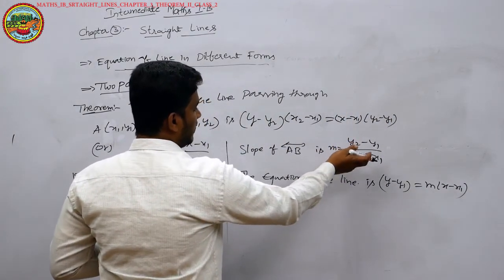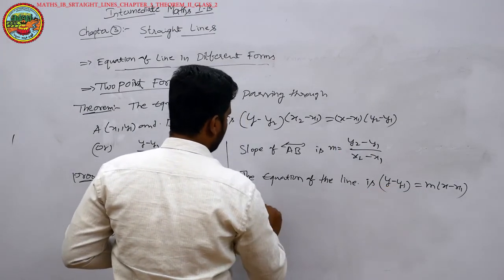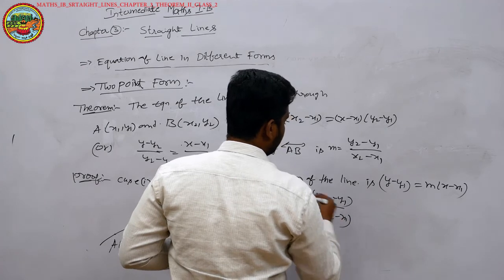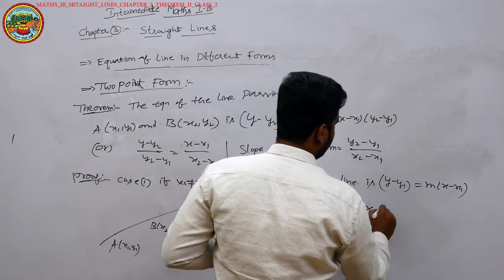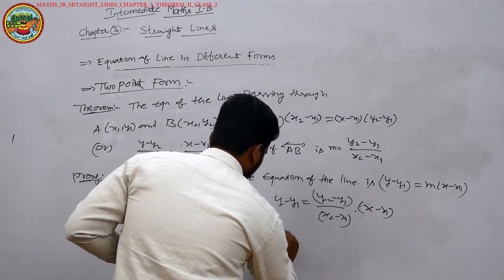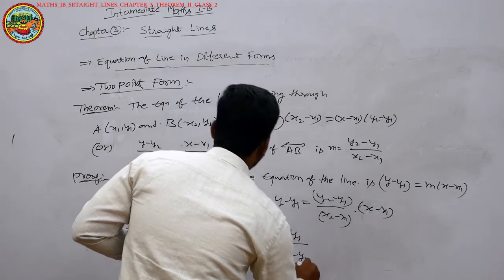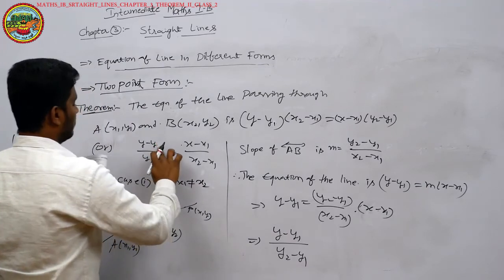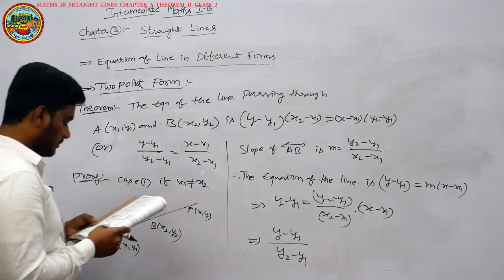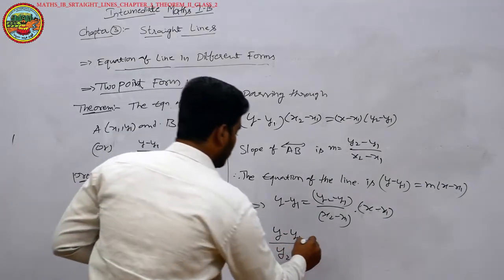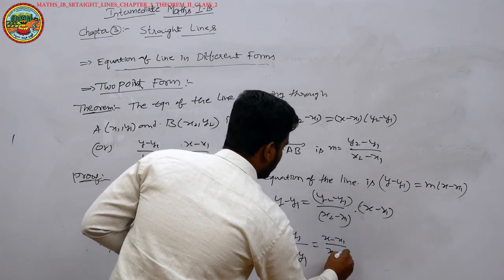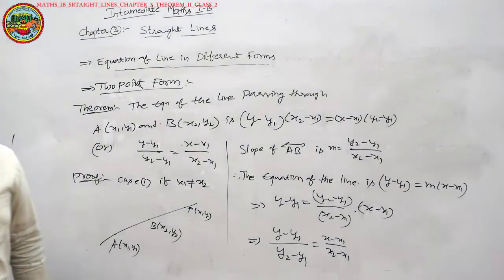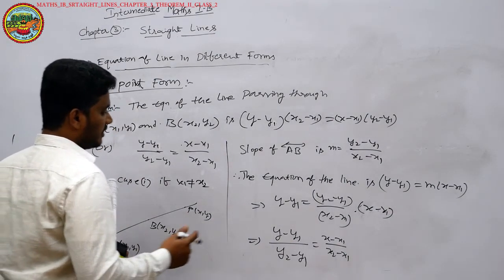Substituting the slope, we get y minus y1 is equal to y2 minus y1 by x2 minus x1 into x minus x1, which implies y minus y1 by y2 minus y1 is equal to x minus x1 by x2 minus x1. So this is the required equation.